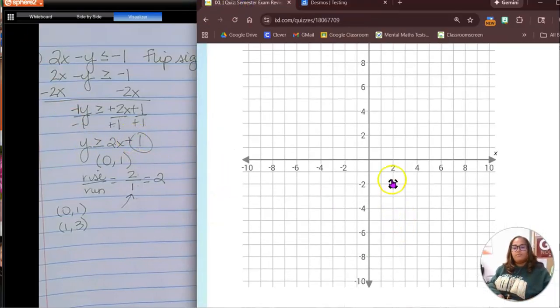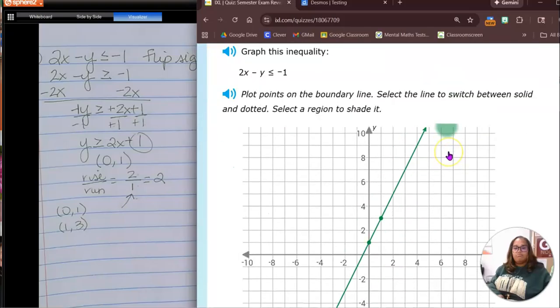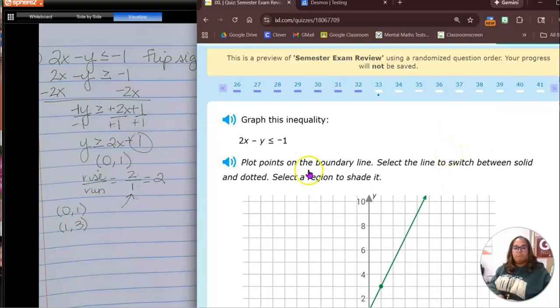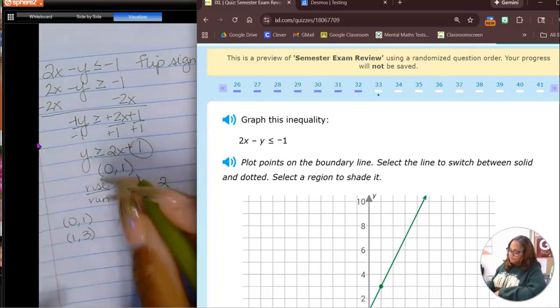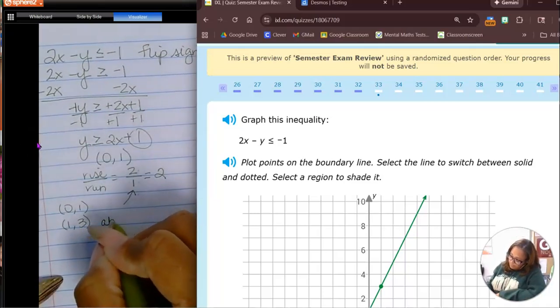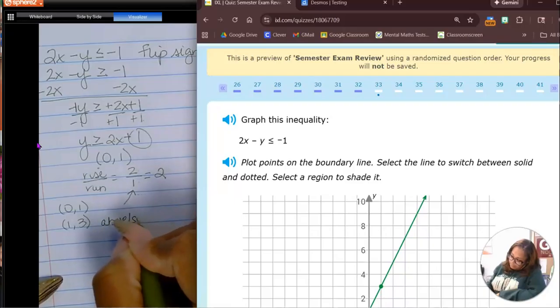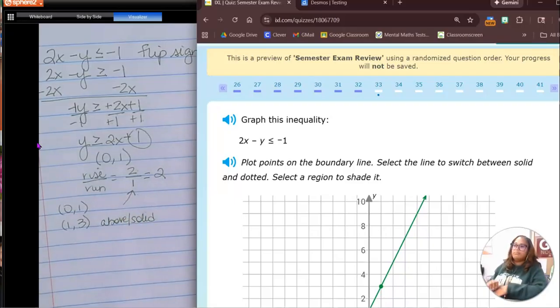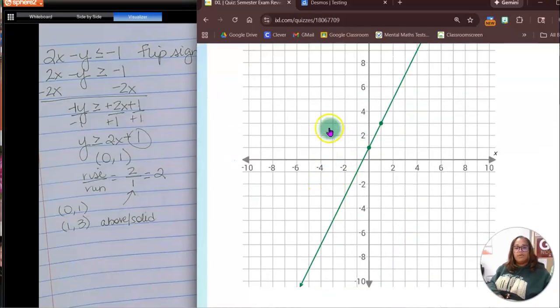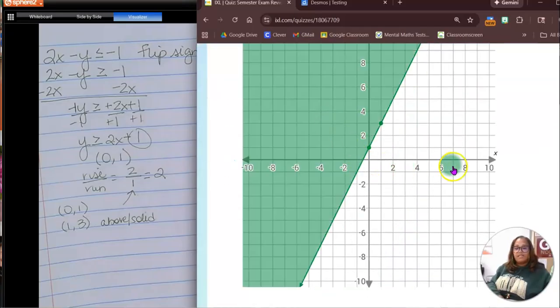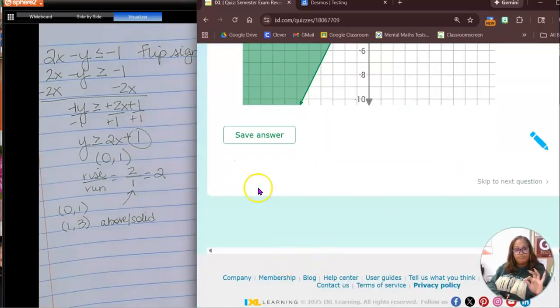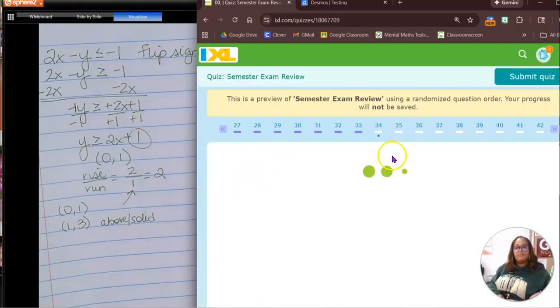All right, so 0, 1, and 1, 3. And then I'm shading above, and it's solid. Above is over here. Keep the line solid. I'm good to go. Save.